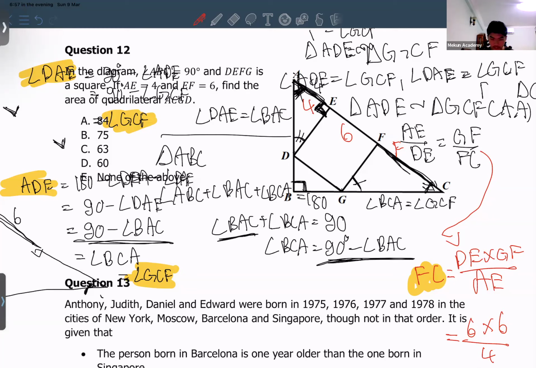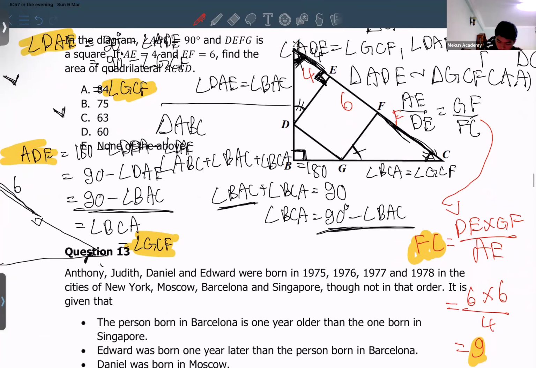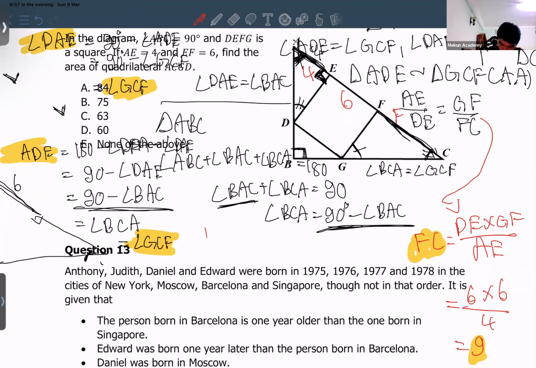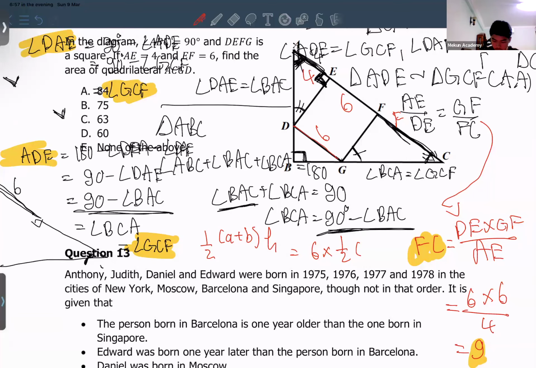From the formula for finding the area of a trapezoid, area equals 1 over 2 times A plus B times height, where height equals DE equals 6. This one is equal to 6, and this one equals 6 plus 4 plus 9, which is 19. So from here, you can get the area equals 75, and 75 is B.